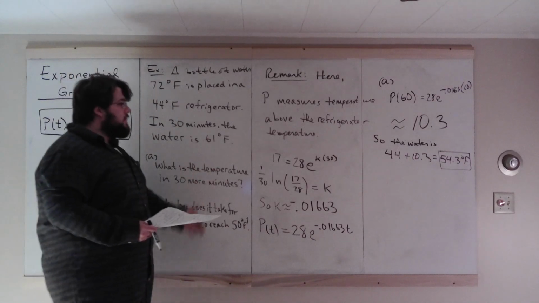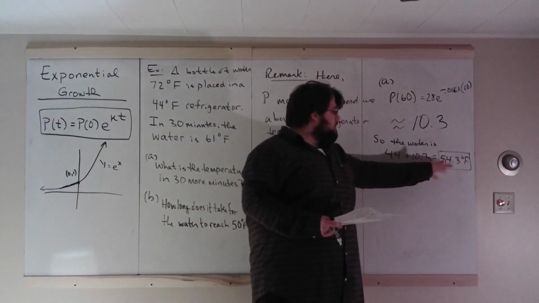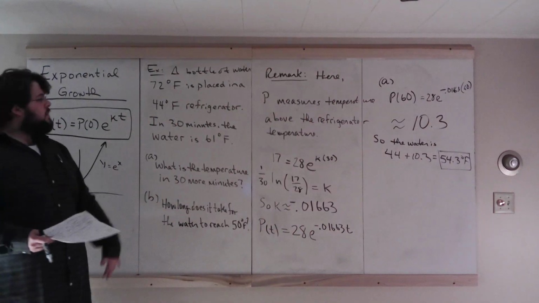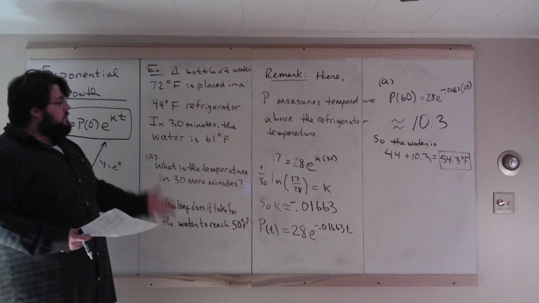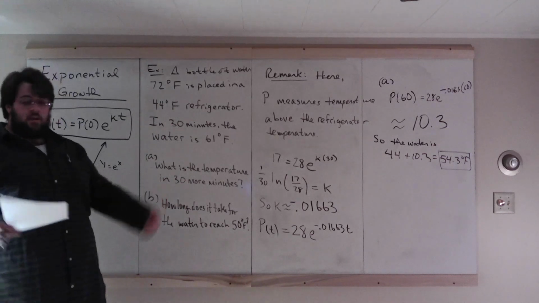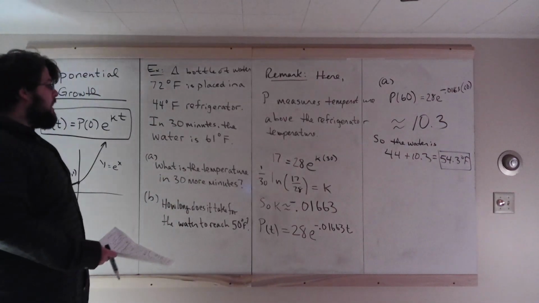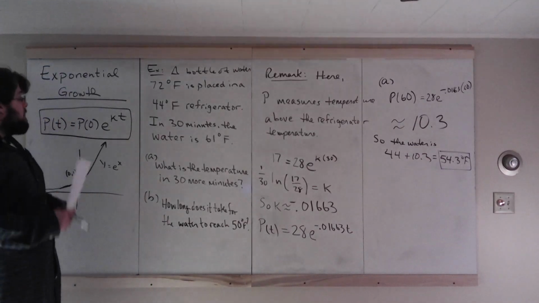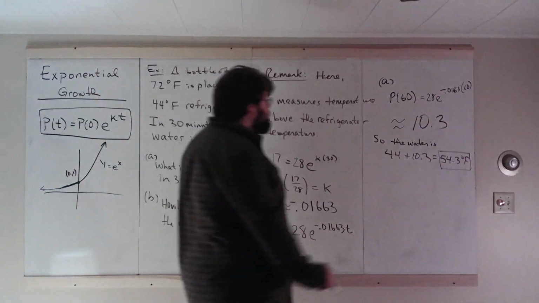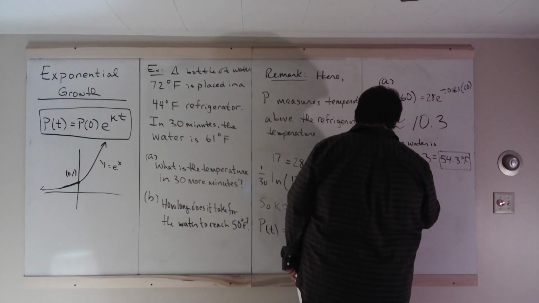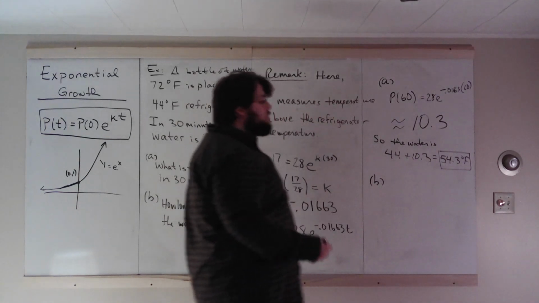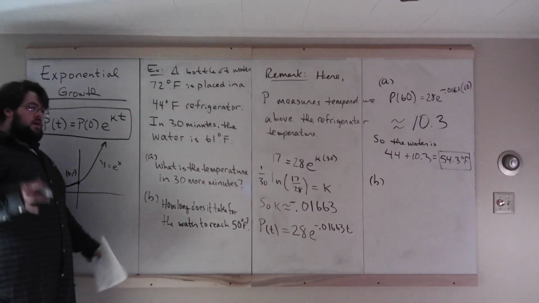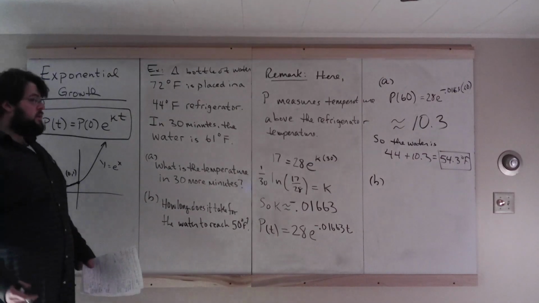In the next 30 minutes it loses only 7-ish degrees, and in the next 30 minutes it'll lose even less, about 3. And so on. As time goes on, it begins to decay less than it did initially.